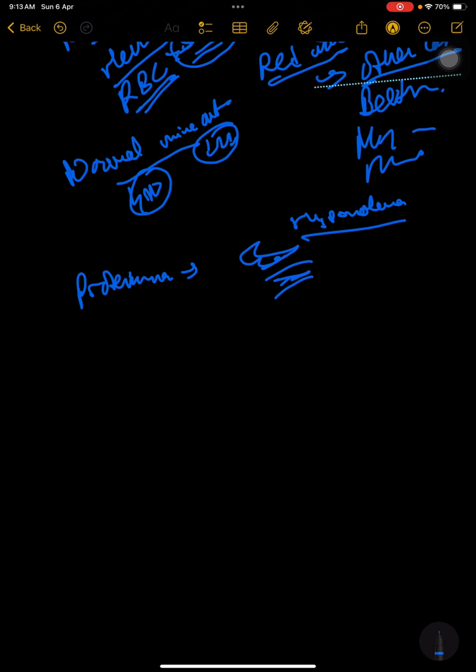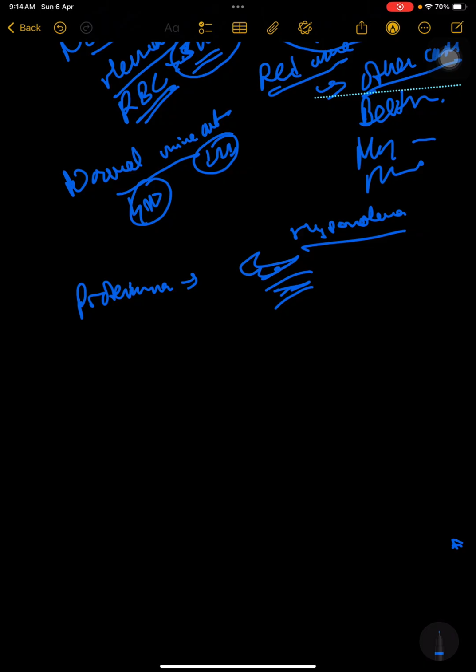That hypovolemia will decrease the renal perfusion and activate the renin-angiotensin pathway, and there will be sodium and water retention. In nephrotic syndrome, the edema is due to activation of the renin-angiotensin-aldosterone mechanism. So both mechanisms take place.